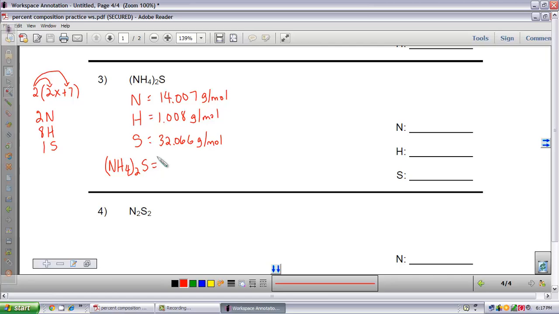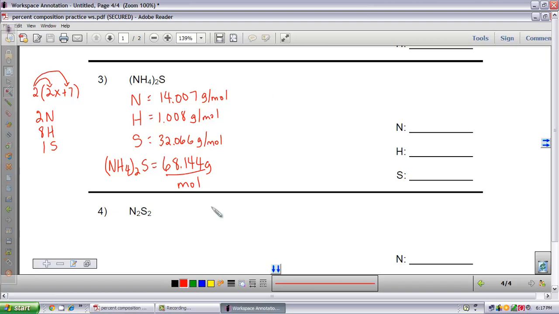Then you're going to add in 1 sulfur. Okay. When you put them all together, you should get 68.144. And if you look at your decimal places, for our sig figs, there's 3 decimal places here, 3 decimal places, 3 decimal places, so our answer can also have 3 decimal places. So there's 68 grams in 1 mole of ammonium sulfide.